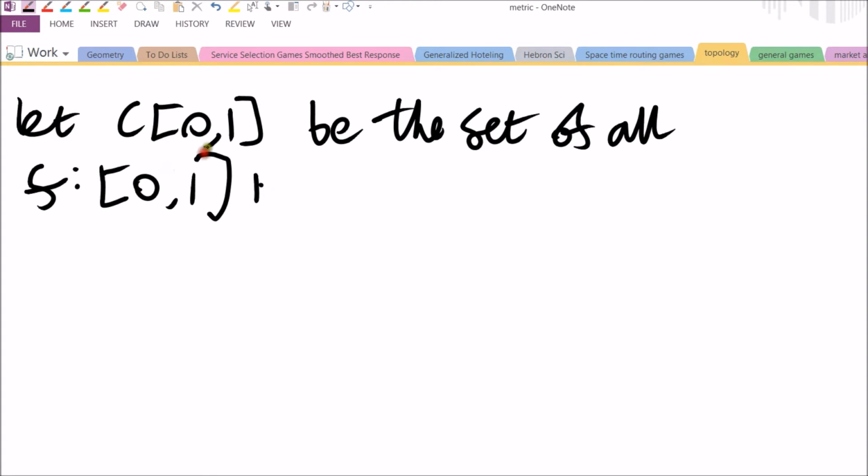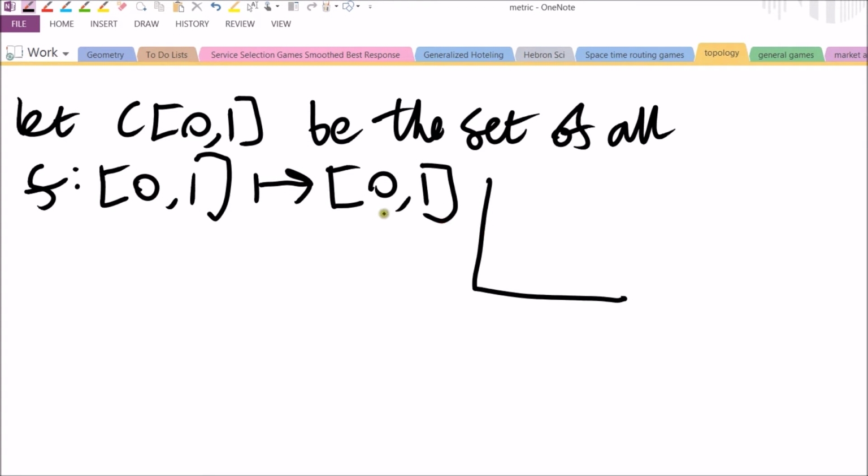Okay, so this is quite a big thing to try and wrap your head around. So, for example, I'll do it pictorially. 0, 1, 0, 1. Here's a mapping from the set to itself. So that's a member of this set here.